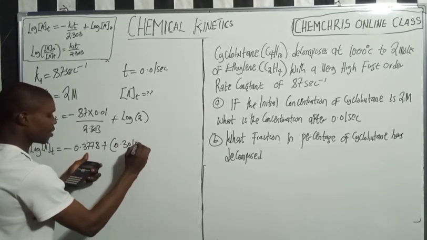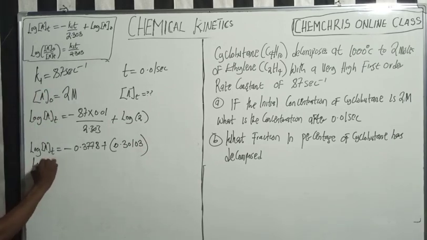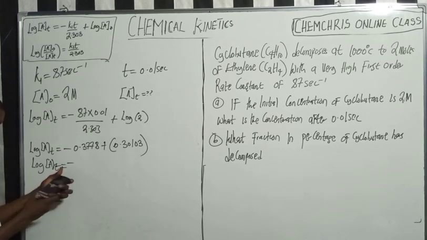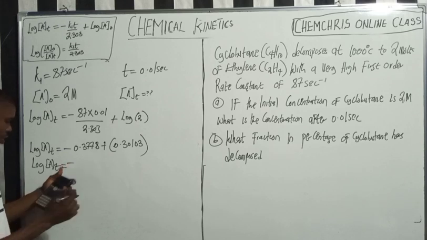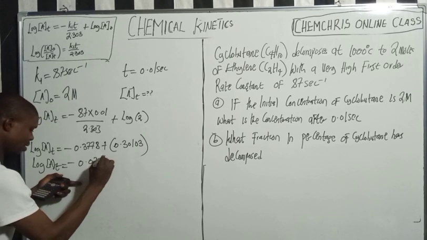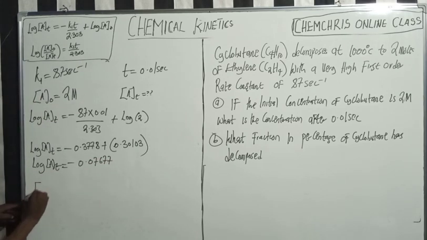0.3010, right? So if you look at it very well, log At here equals minus 0.3778 plus 0.30103. So here we have minus 0.07677, right? So take the log inverse here, like what we have done here.